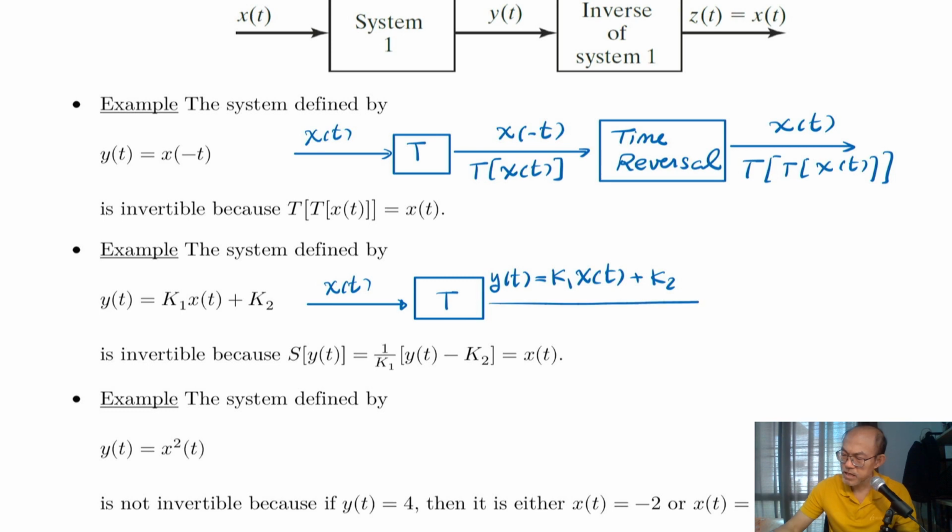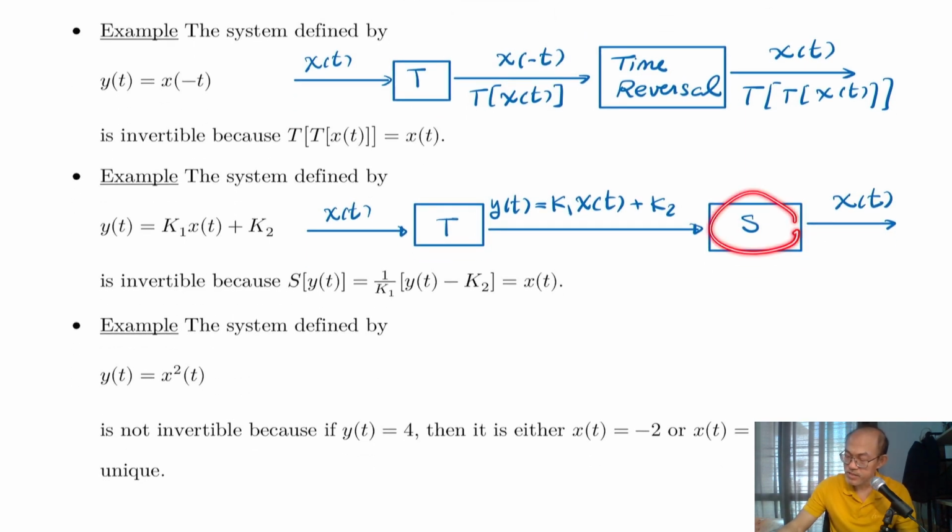The question is, can you find another system S such that once y is applied to S, you get x back? Such a system S does exist, because you can define S of y by subtracting k2 from y and then dividing the result by k1, and you get x back.